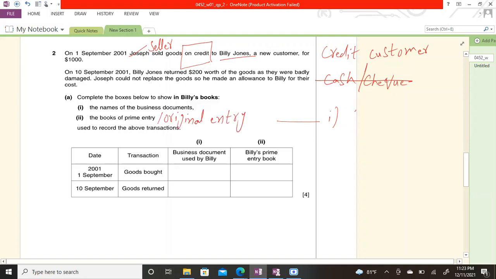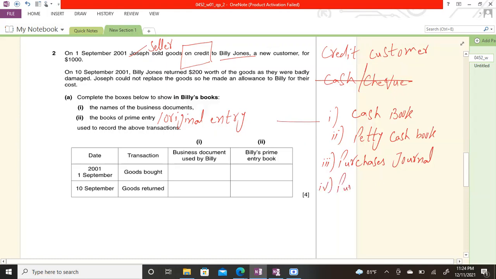So number one is a cash book. Number two is a petty cash book. Number three is purchases journal, also called purchases day book.